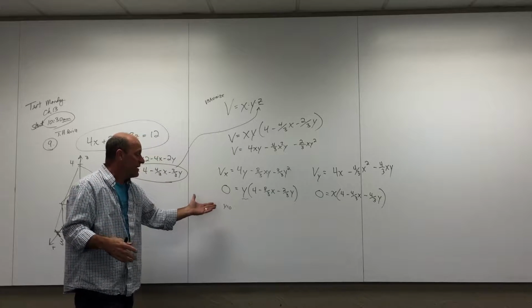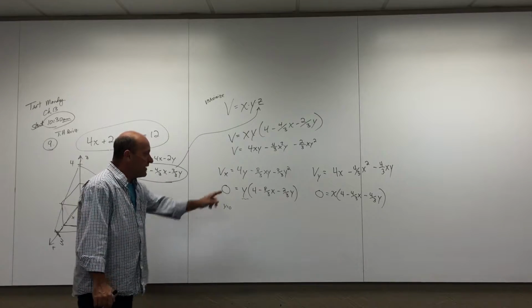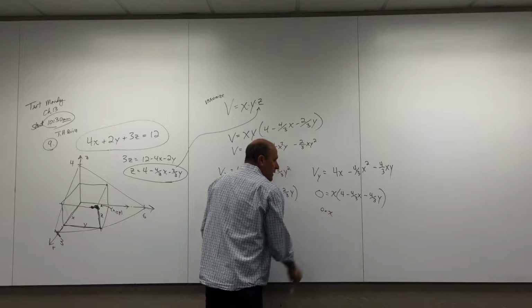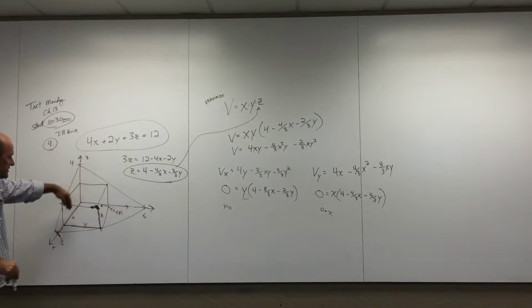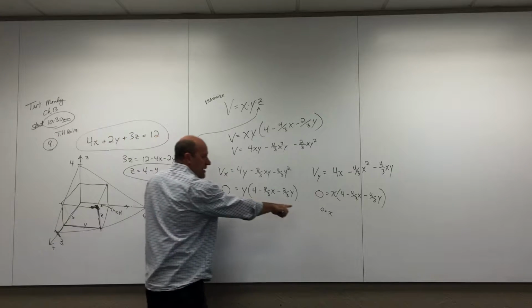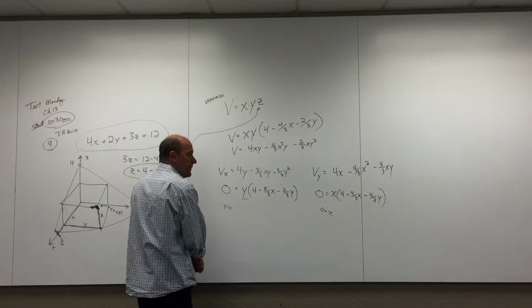But I'm going to ignore it. I could also set x equal to 0, but if your box has an x coordinate of 0, you got no volume. So these are not the critical numbers I'm interested in. These are leading me nowhere.